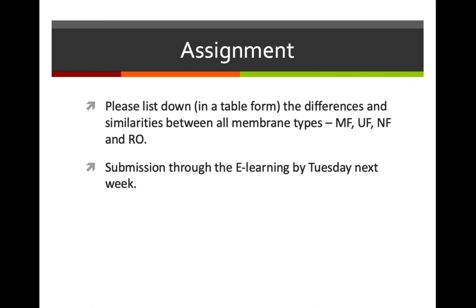You can list down MF, UF, NF, and RO from top to bottom, or from left to right, and then jot down the similarities and differences. For example, their separation size, the range of size of material separated, their working pressure, their working conditions, and what materials are being separated, but keep it brief.